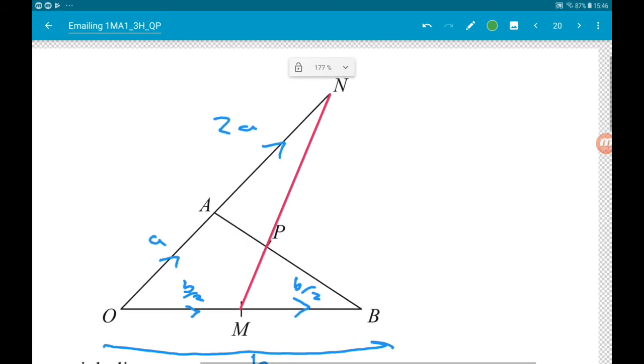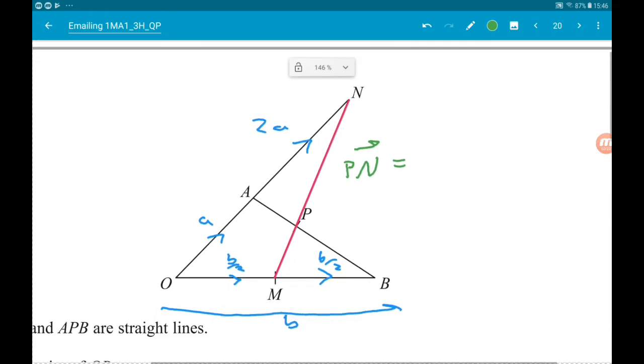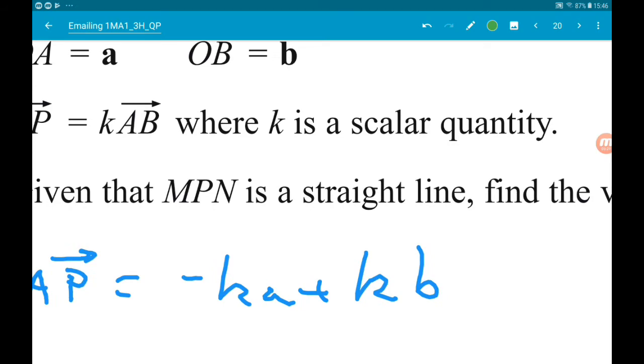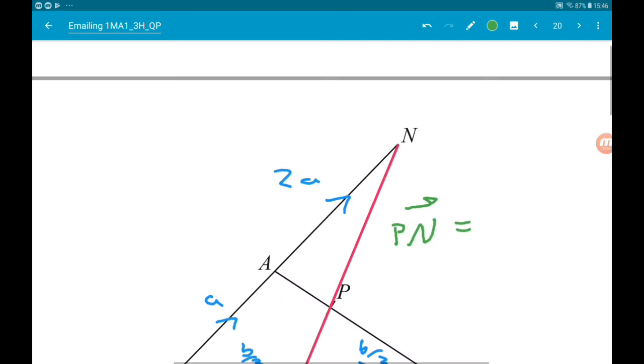For p to n, we're going to have to go backwards along a to p. So that's negative of this, so that's ka minus kb.